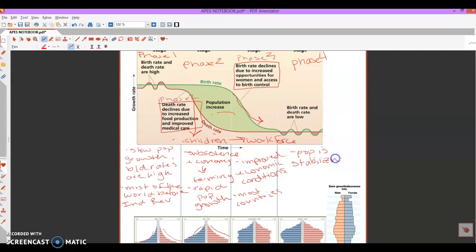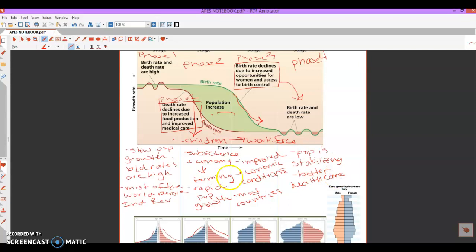Okay, so we also have continued access to family planning and increased opportunities for women, which is also going to contribute to phase 4 as well. Where we also have better health care. Okay.